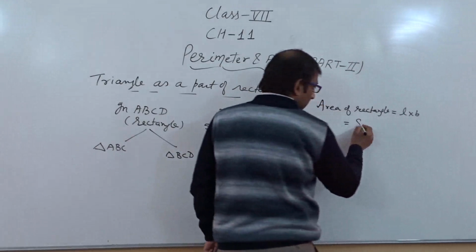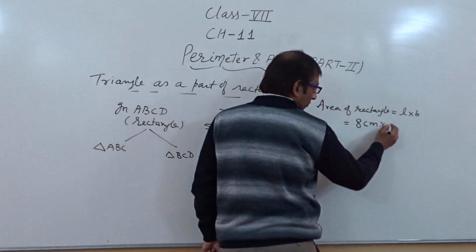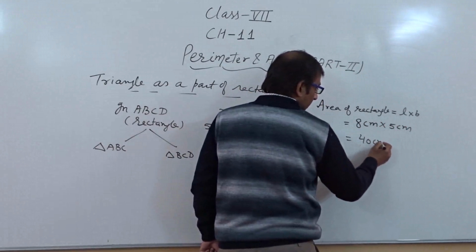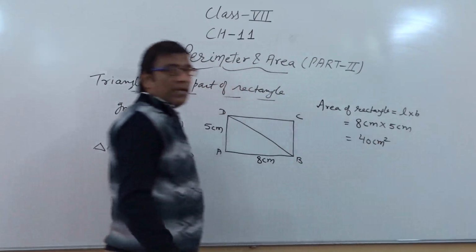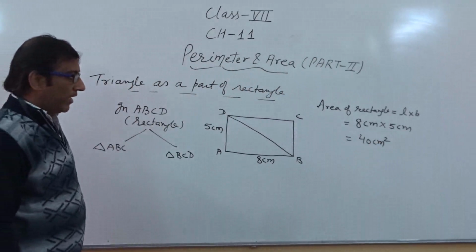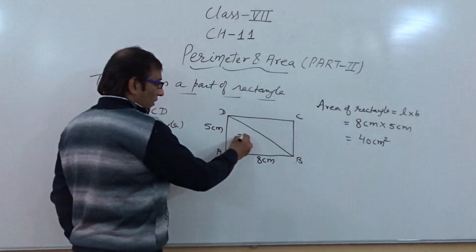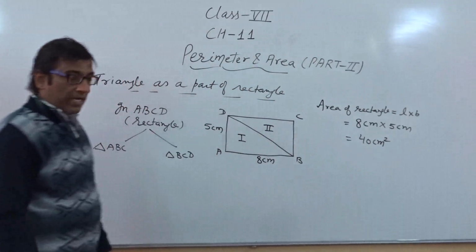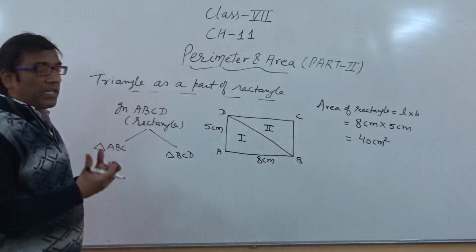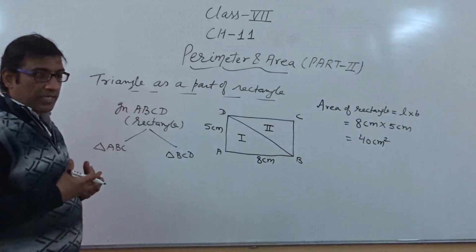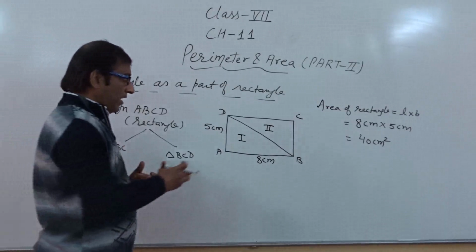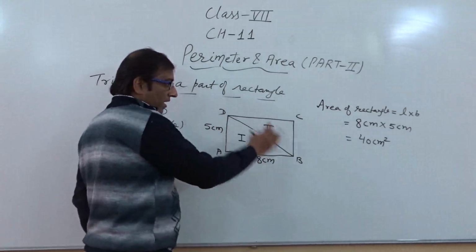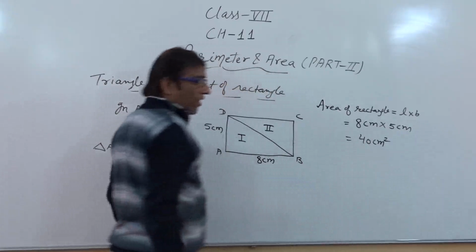So we put 8 centimeter into 5 centimeter, and it becomes 40 centimeter square. Now one by one we will calculate the area of these two triangles. First we will discuss that, and then we will see if we add both areas of these two triangles, it becomes 40 centimeter square or not.